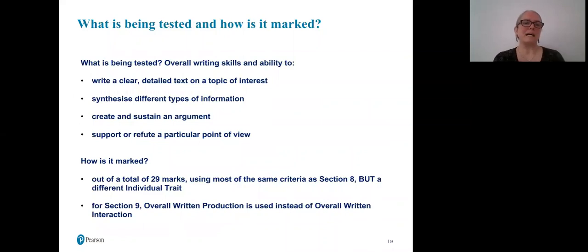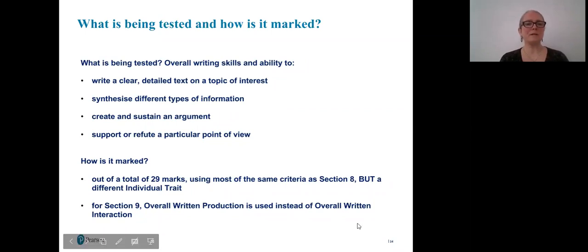Those could be facts, figures, personal experiences, opinions. We're assessing the ability to create and sustain an argument, if that's what's appropriate, and the ability to support or refute a particular point of view.